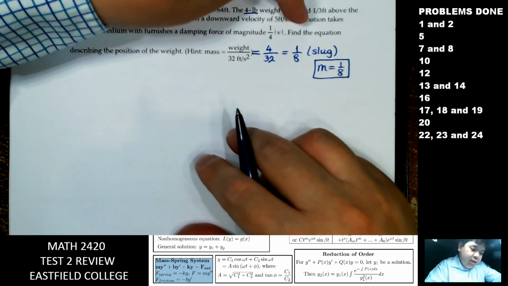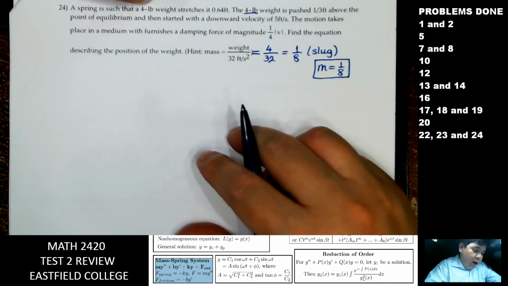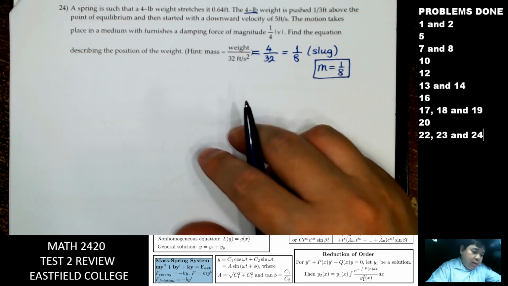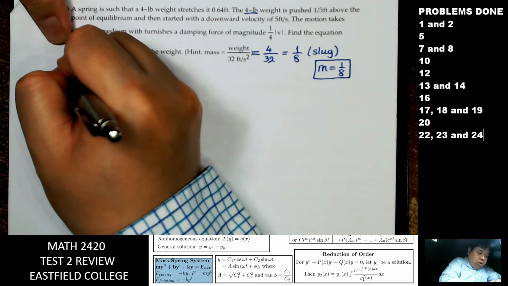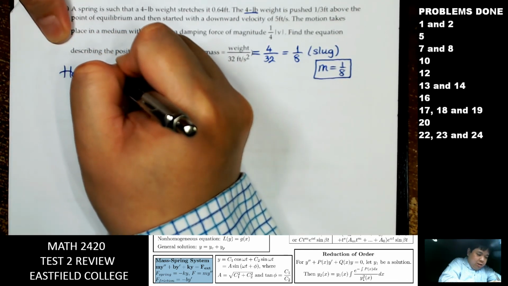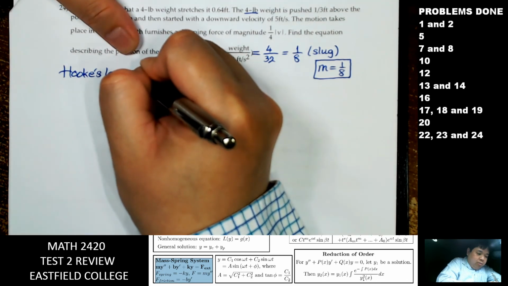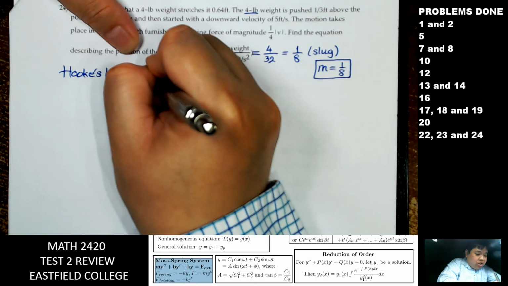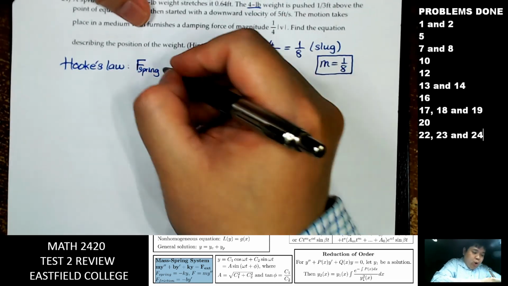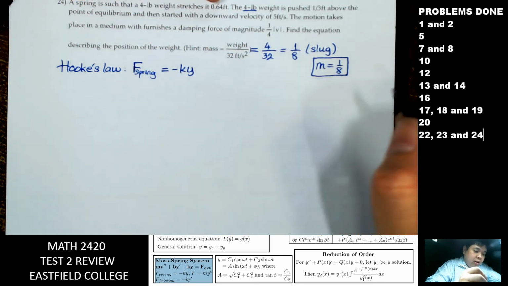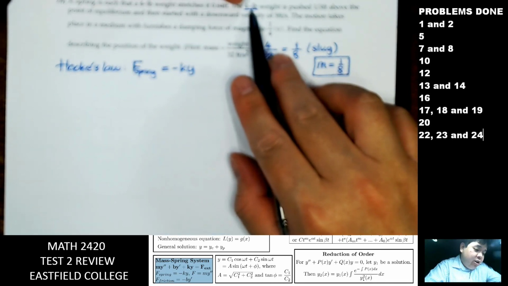Next, the 4 pound weight stretches the spring 0.64 feet. That is Hooke's law. The force of the spring, not due to the weight, equals negative ky.